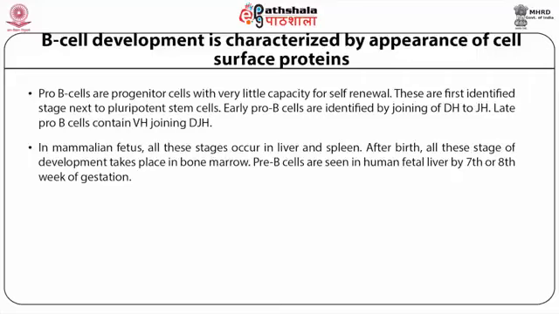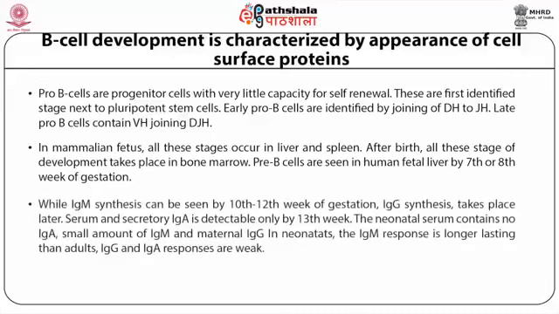By the 15th week, distribution of B cells in the blood, spleen, lymph nodes and those expressing different Ig isotypes is similar to an adult. While IgM synthesis can be seen by the 10th or 12th week of gestation, other Ig synthesis takes place later. Serum and secretory IgA is detectable only by the 13th week.